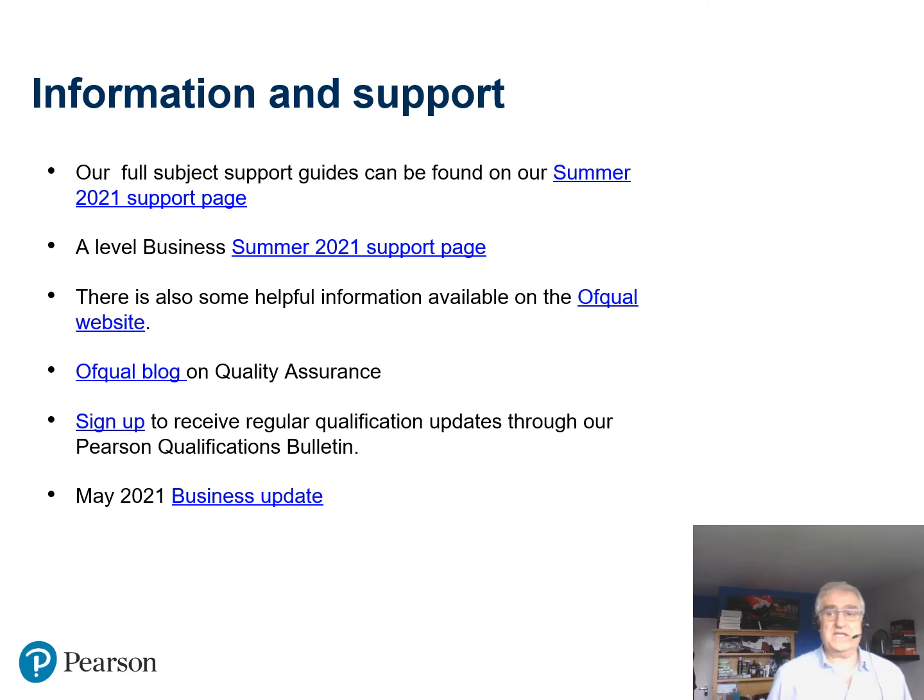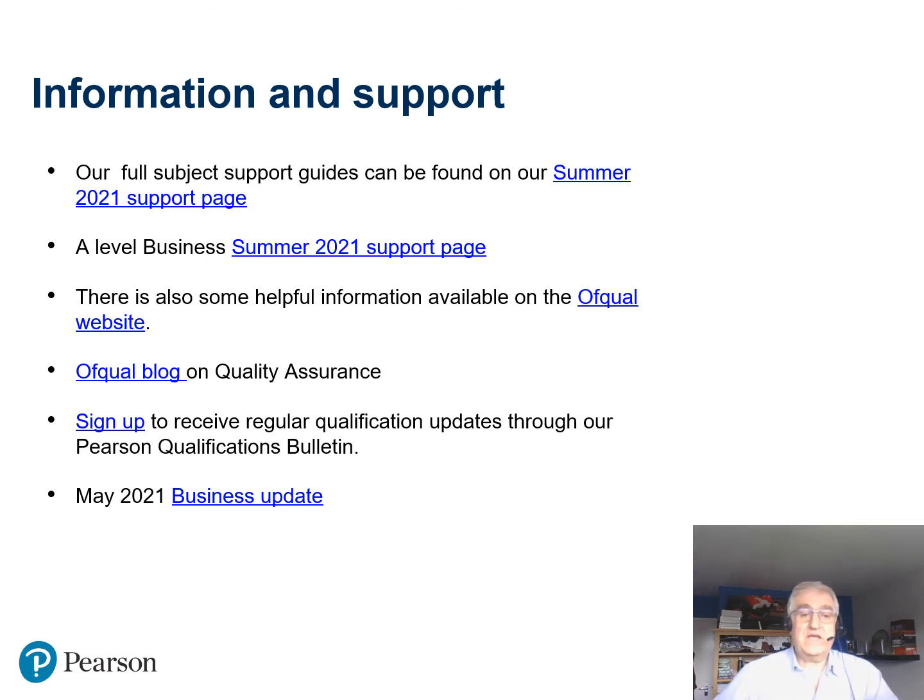And there are 6 links here. The first link is to the Summer 2021 support page. The second, though, is to the A-Level Business Summer 2021 support page. The first is to a generic page. We've also put a link to the Ofqual website, and the fourth link there relates to the Ofqual blog on quality assurance that talks about how sampling is going to work after the 18th of June. 2 links at the bottom.